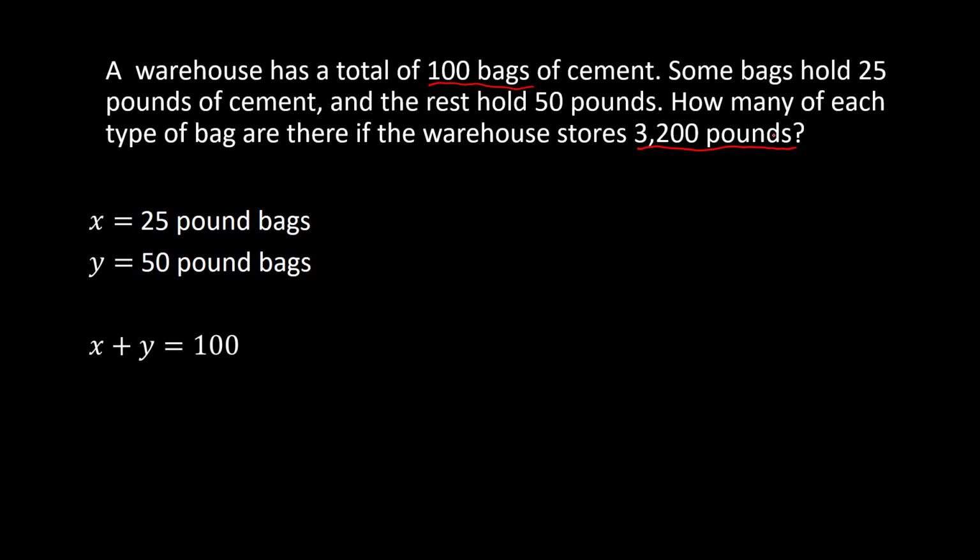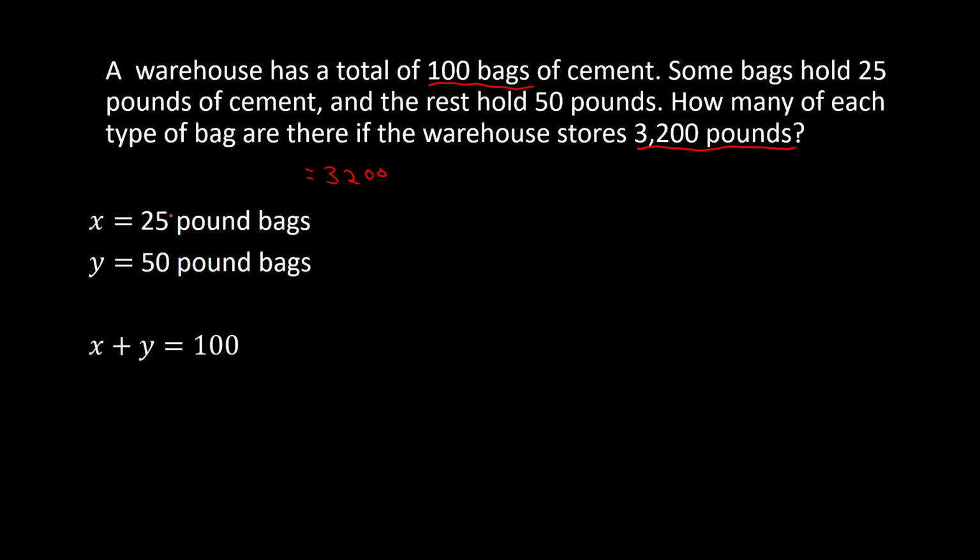The second equation has to do with the 3,200 pounds. How do I use x and y to relate to the 3,200 pounds? Well, we're dealing with weight here, and somehow our equation has to equal that 3,200 pounds. So we know that for each 25-pound bag, it's going to be 25 pounds.